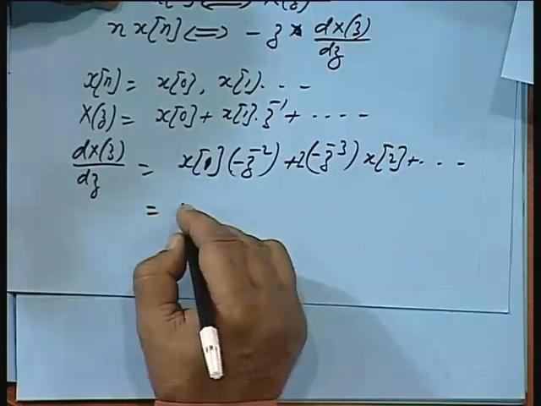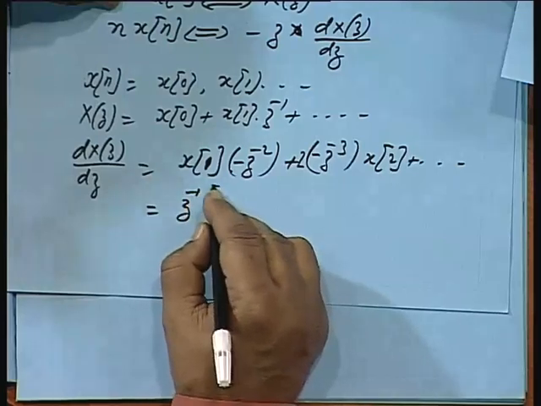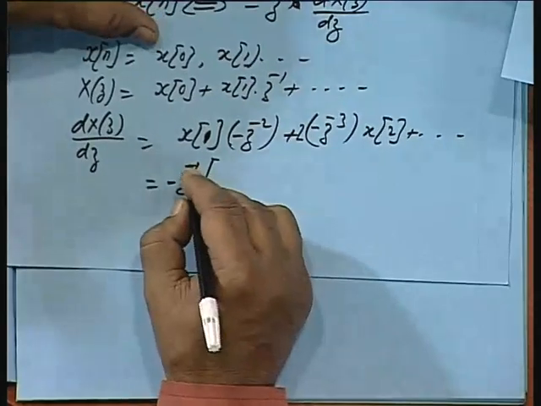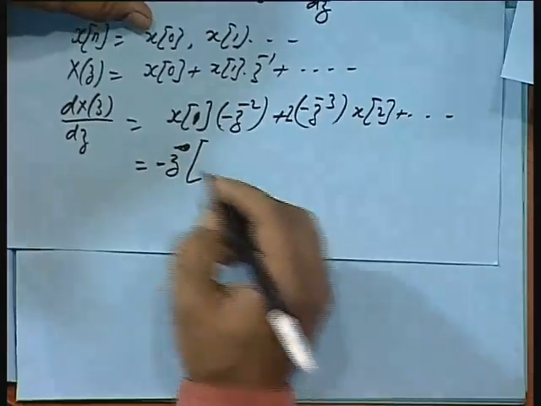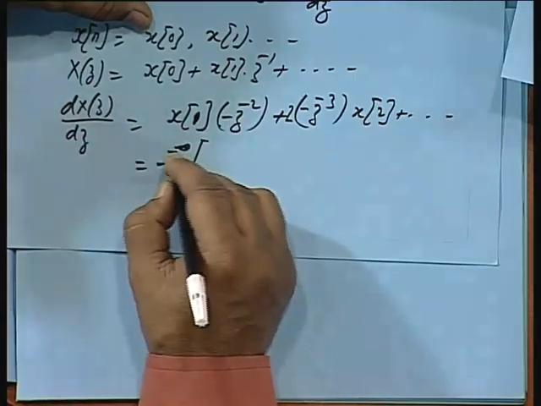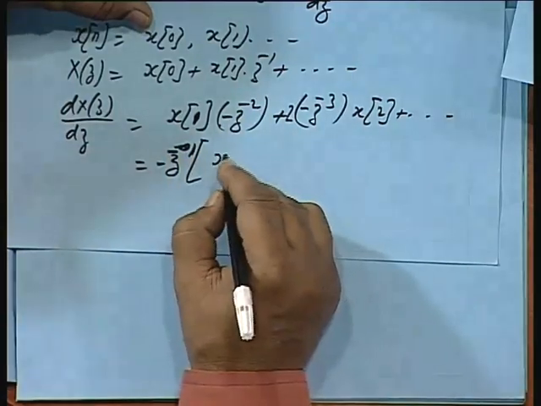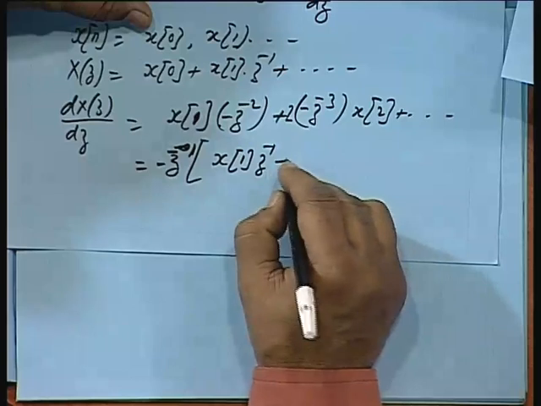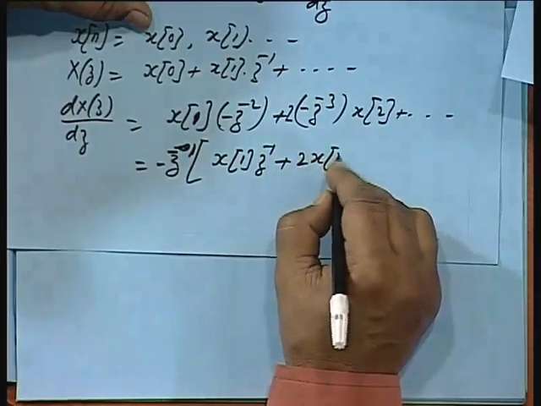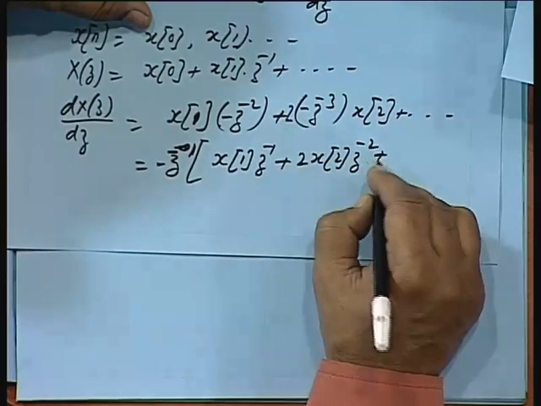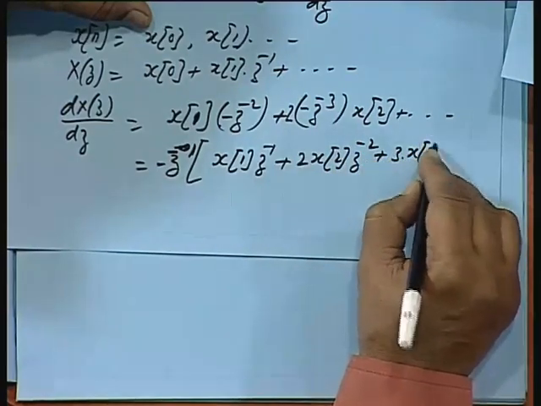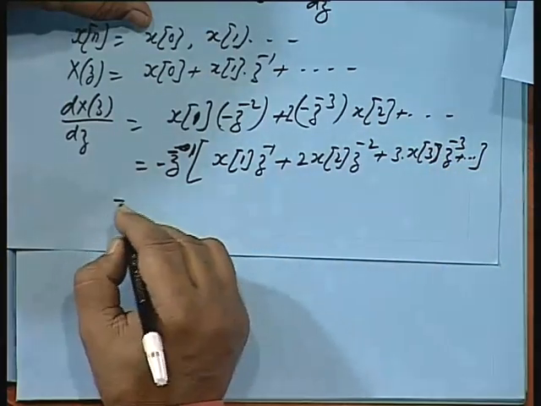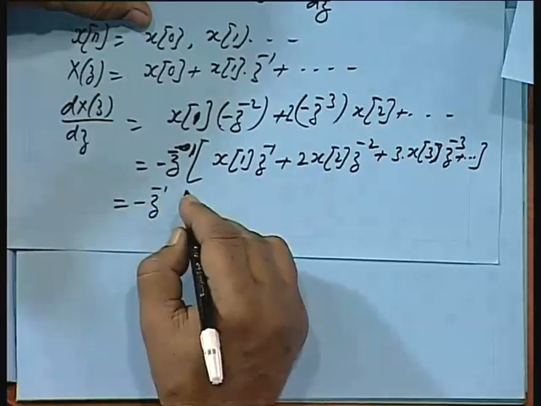If I take z to the power minus 1 common, it will be minus z to the power minus 1 into x 1 z to the power minus 1 plus 2 into x 2 z to the power minus 2, 3 into x 3 z to the power minus 3 and so on, which is nothing but z inverse.